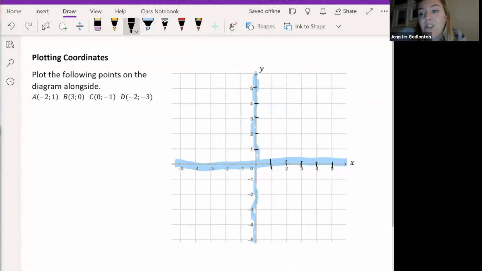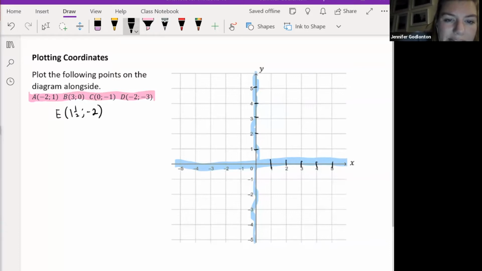And once you've done that, I would love for you to plot these coordinates. So plot A, B, C, D, those 4 different coordinates. And I'm going to actually add one over here. I'm going to add E, which I'm going to say is 1.5 and -2. So I'd like you to plot 5 coordinates.